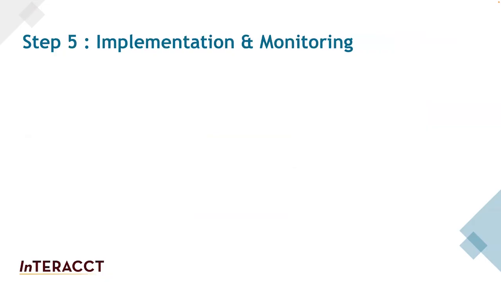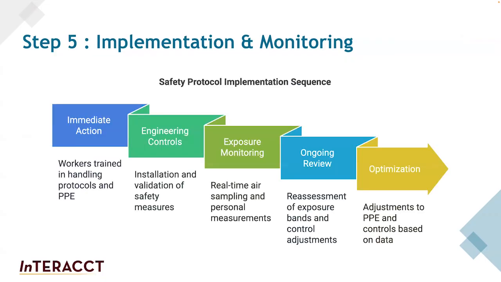Step 5 is about implementation and monitoring, ensuring that our safety protocols are not only in place but also effective over time. We start with immediate action, making sure all workers are trained in handling protocols and proper PPE use. Next, engineering controls are installed and validated to confirm they are functioning as needed.